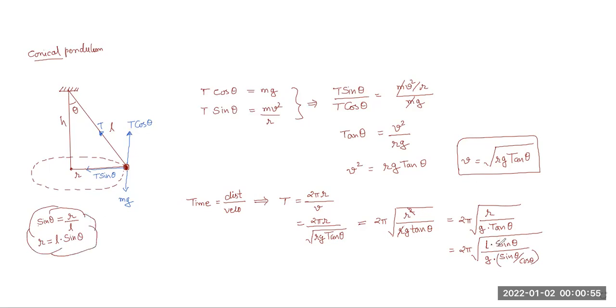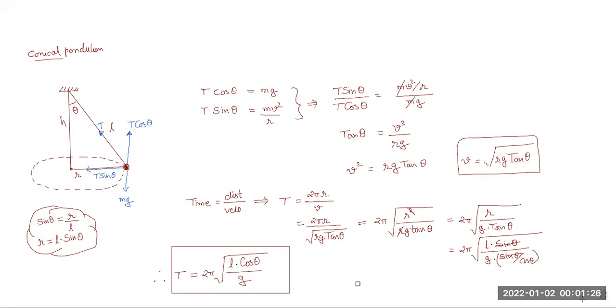Now I can cancel sine theta with sine theta, giving the final equation: T is equal to 2 pi under root of L cos theta divided by g. This is the final equation which gives the time period of the conical pendulum.